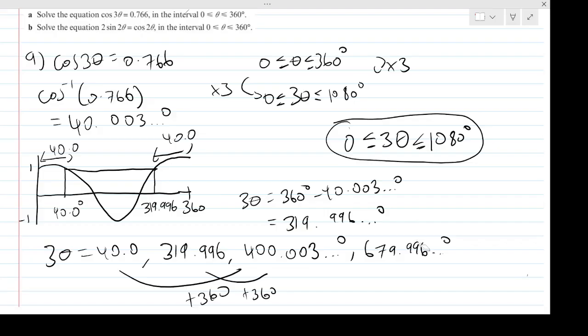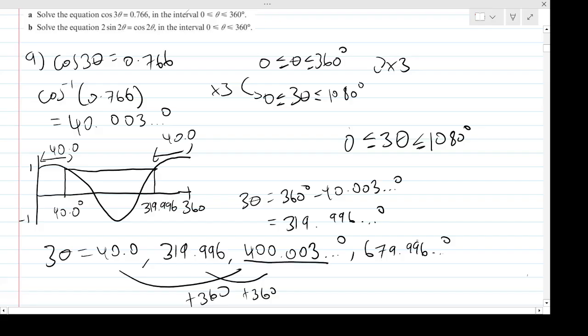Okay. So then if we add on 360 to this 400, to get the next solution after that, it gets me 760.003. And then if we add 360 to the next solution, we get 1,039.996.